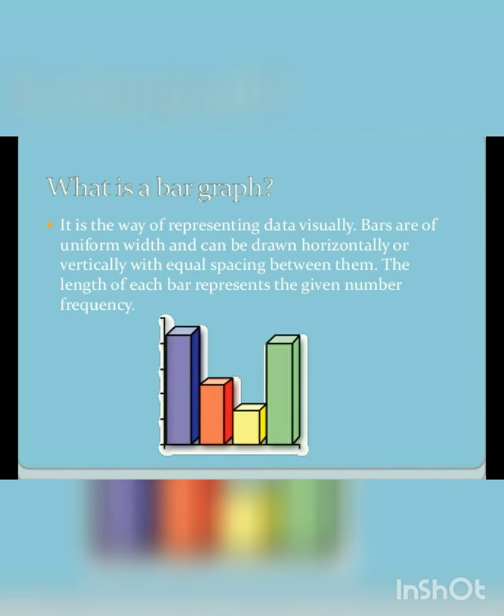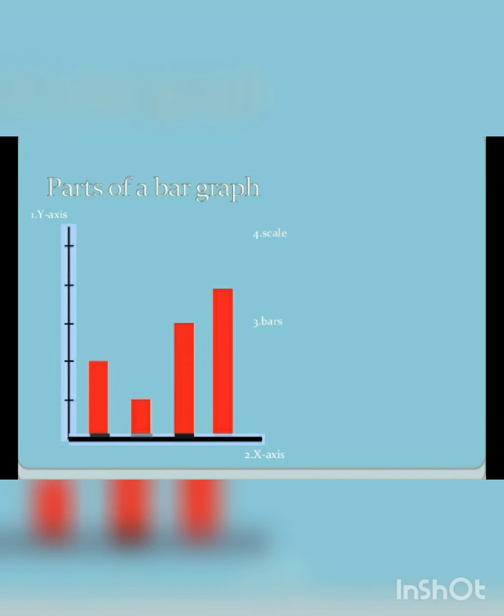Now what is a bar graph? It is the way of representing data visually. Bars are of uniform width and can be drawn horizontally or vertically with equal spacing between them. The length of each bar represents the given number or frequency. The parts of a bar graph are x-axis, y-axis, scale and bars.